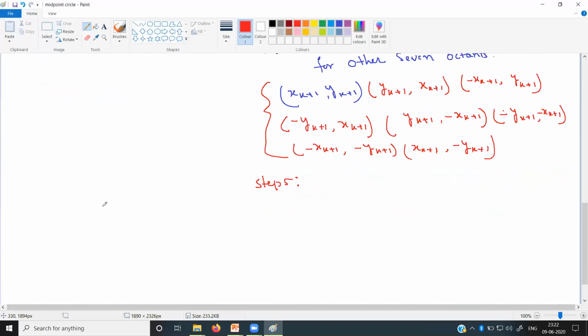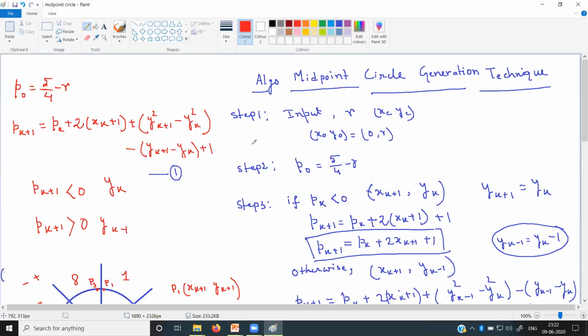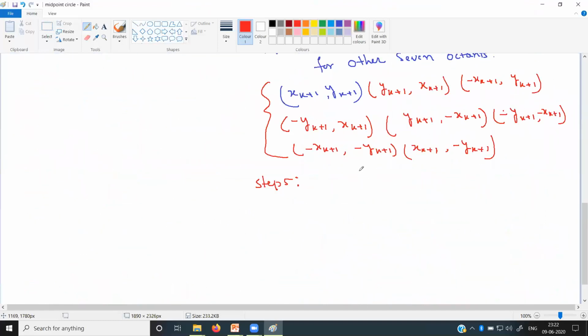But actually, we want to draw the circle anywhere else, where the center may not be the origin. In that case, what we have to do is shift all these points with respect to the center.